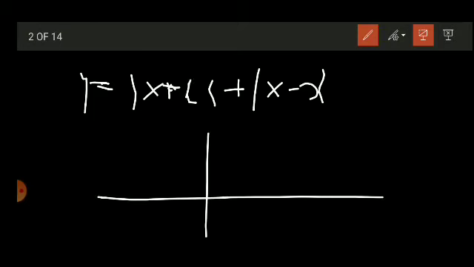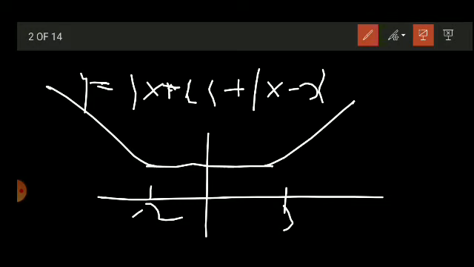If we draw the graph, this will be -2 somewhere and this will be 3 somewhere. Between -2 and 3, if you analyze it, the value of the graph is 1, so this is a boat-shaped graph. This length is 1.